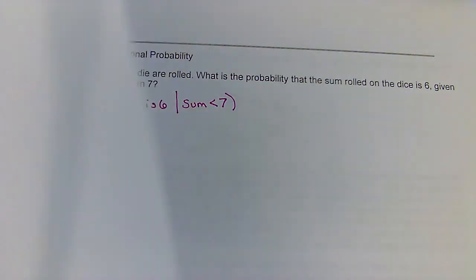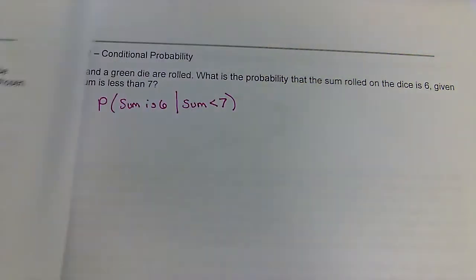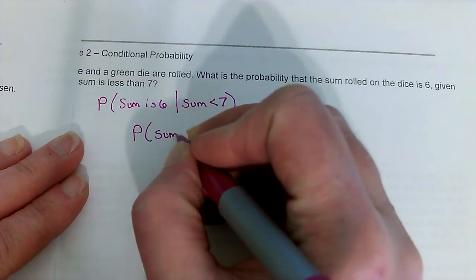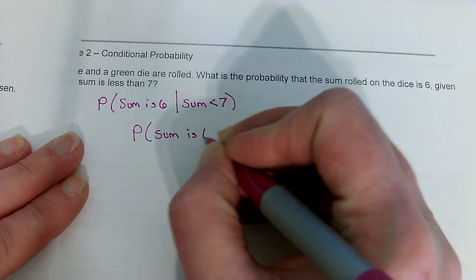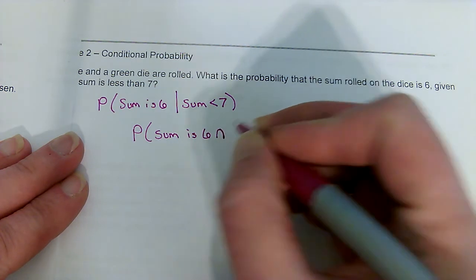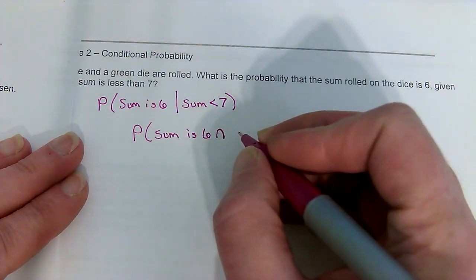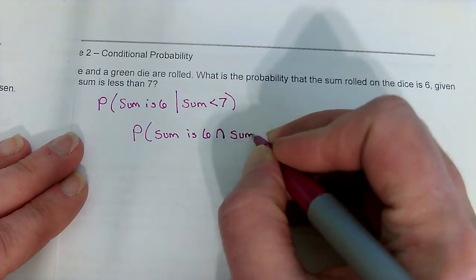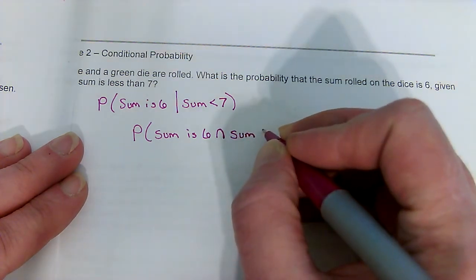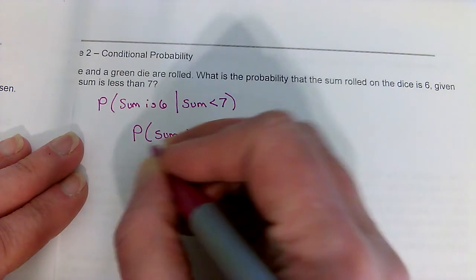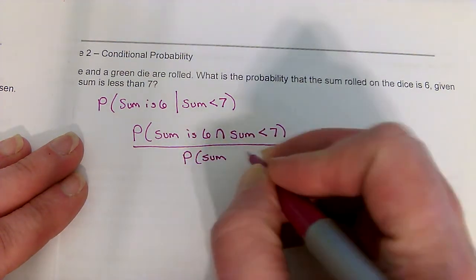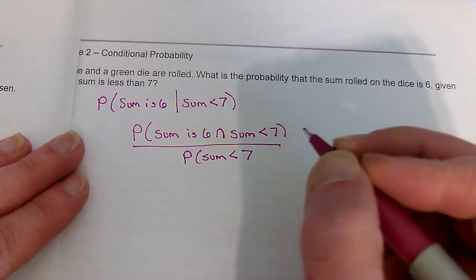So what we need to have is the probability of the sum is 6 and less than 7, divided by the probability the sum is less than 7.